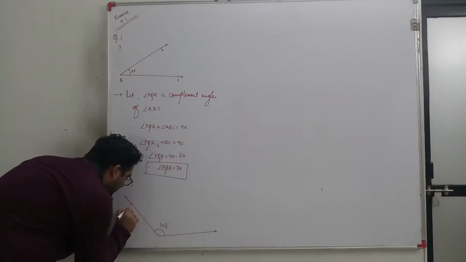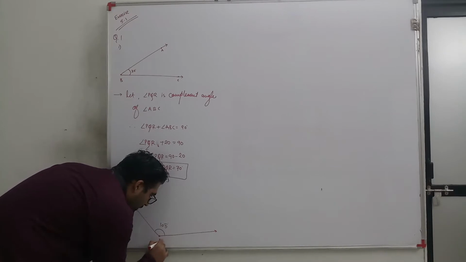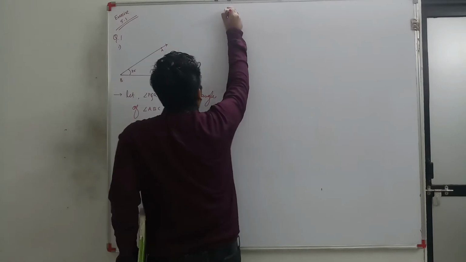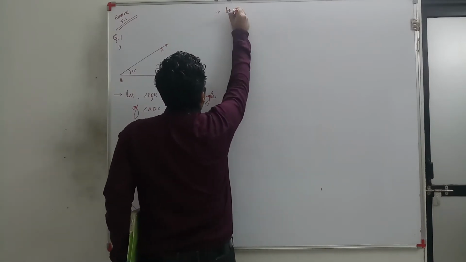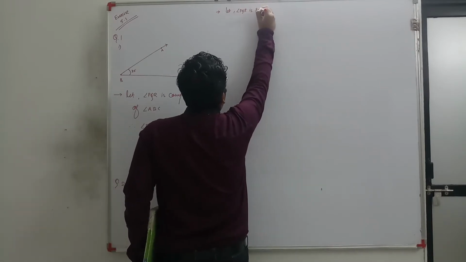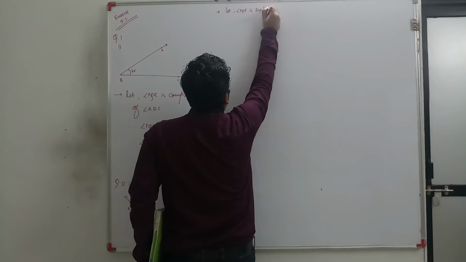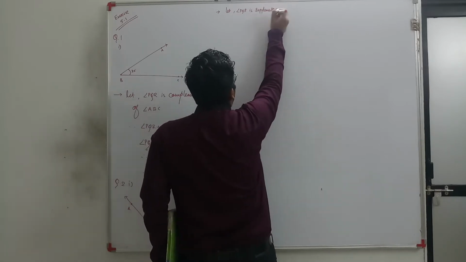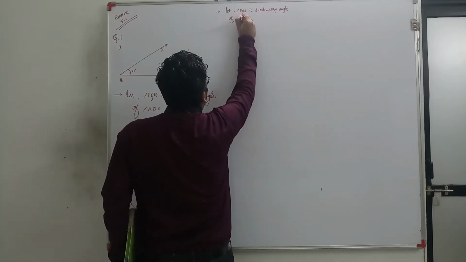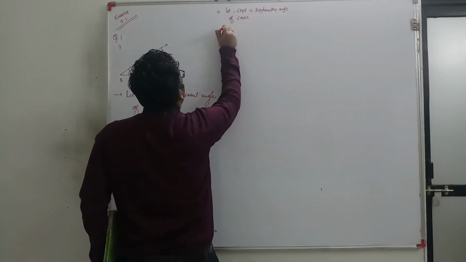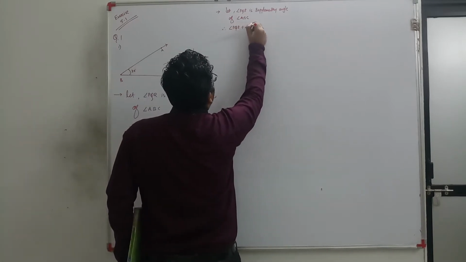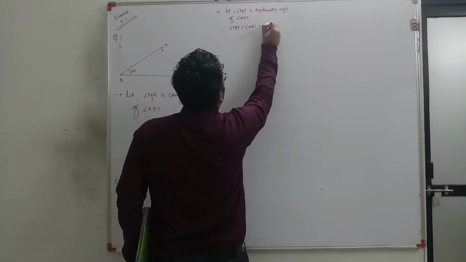So here I am taking angle A, B and C. Let angle PQR be the supplementary angle of angle ABC. Therefore, angle PQR plus angle ABC is equal to 180 degree.